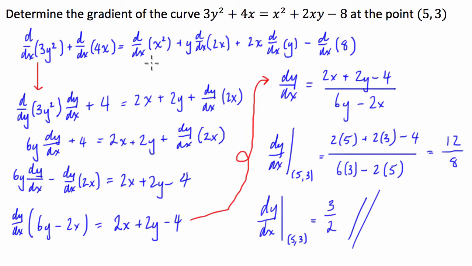Cool. So there you have it, guys. That is a typical exam style question for implicit differentiation. What I've done here is I've been quite pedantic with the way I've set out all of my steps. I've just done that so you guys, if you need to go back, can follow it and check out what I was thinking.